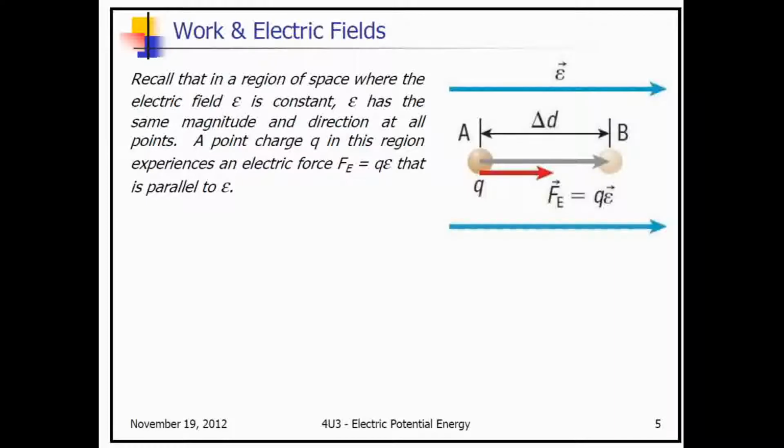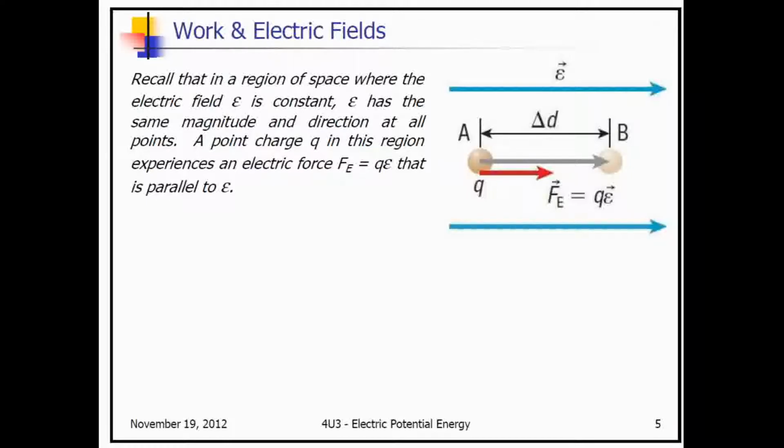Now this depends, actually, I guess I shouldn't say against the electric field. It also depends on the charge as well. So if we're moving a positive charge against the electric field, you remember the electric field lines radiate outward for a positive charge.